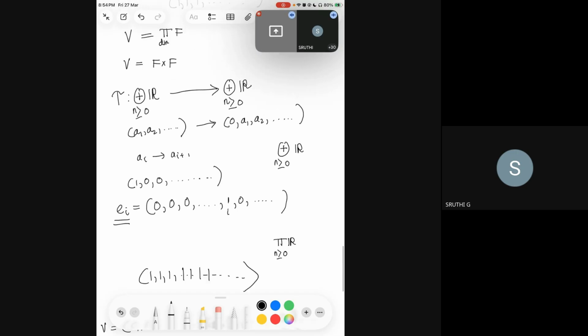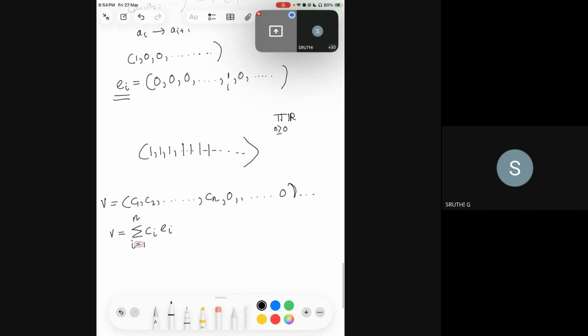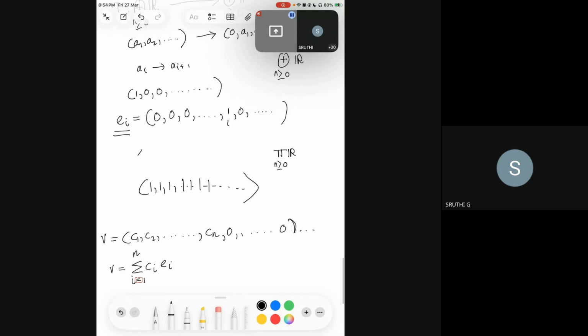So you have explicitly told me a basis, and this is a countable basis e_i, where i belongs to the natural numbers. You told me that this is a basis, right?